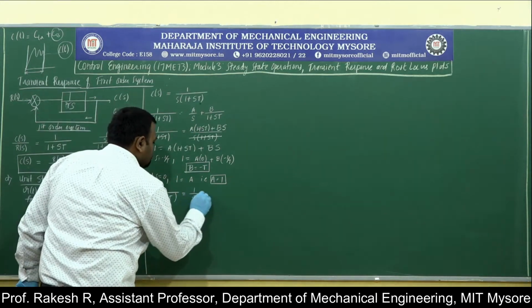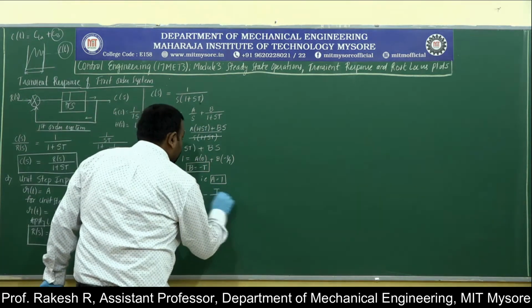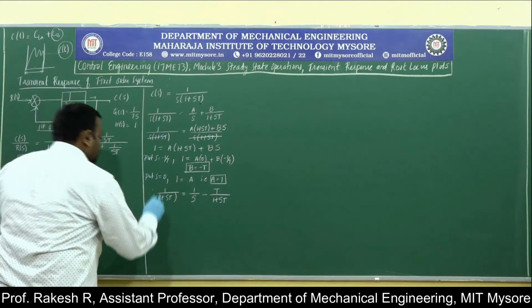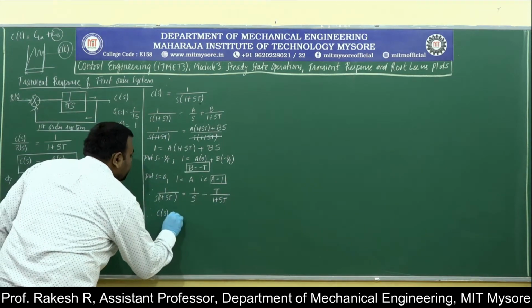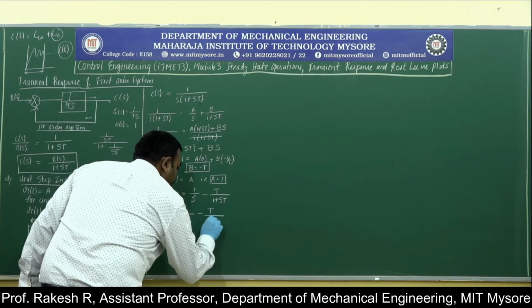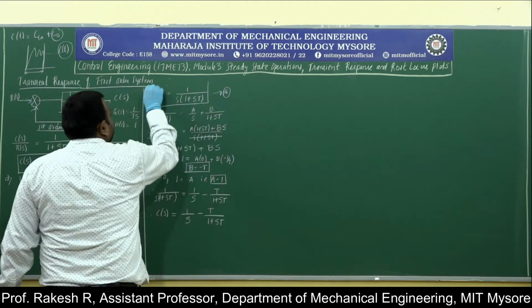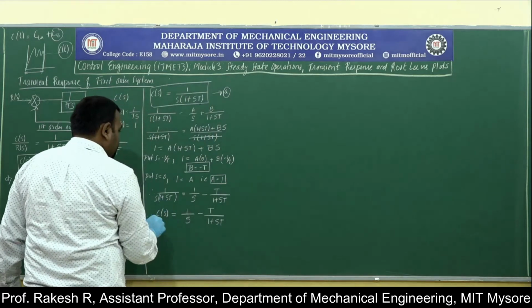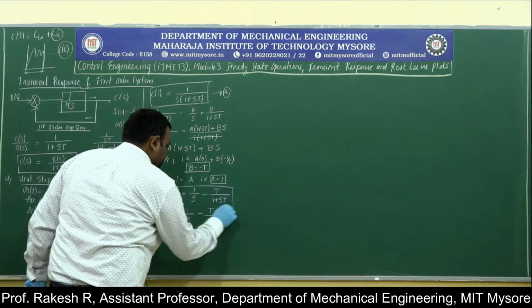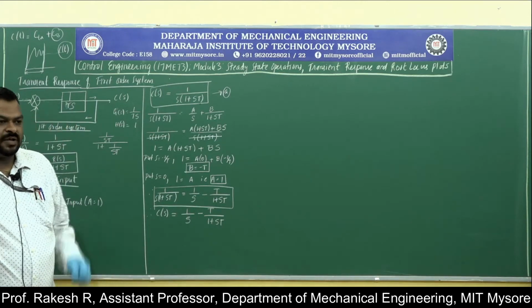A is 1 by s, minus B, which is t, divided by 1 plus st. So therefore C of s will be equal to 1 by s minus t divided by 1 plus st. So this I will call it as A. I will substitute the values of this term in A, and this is what I will get, the C of s value.